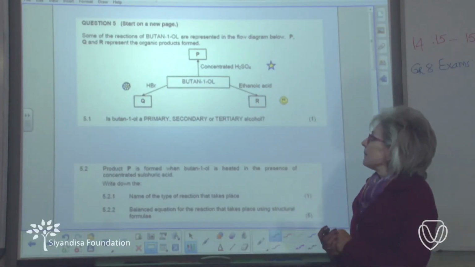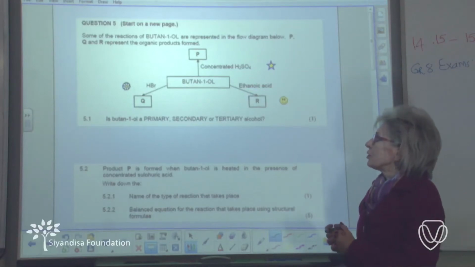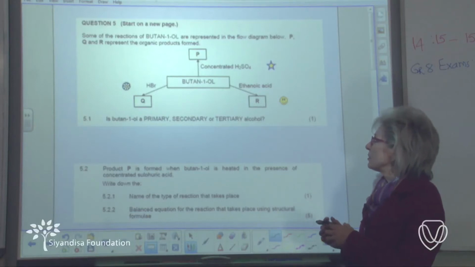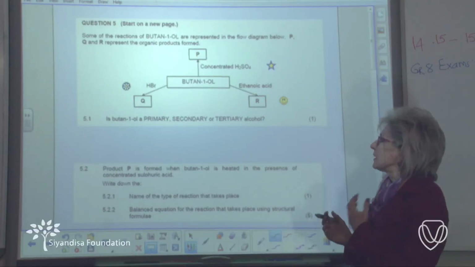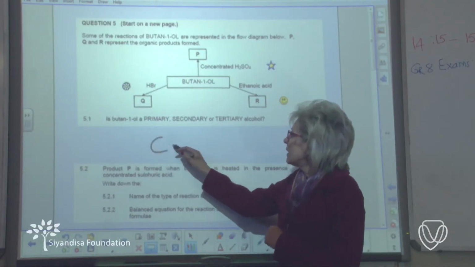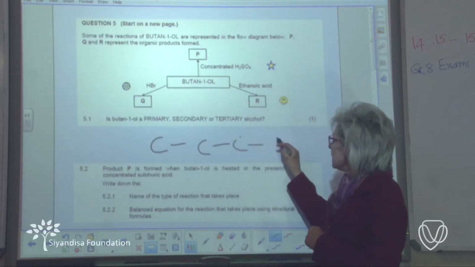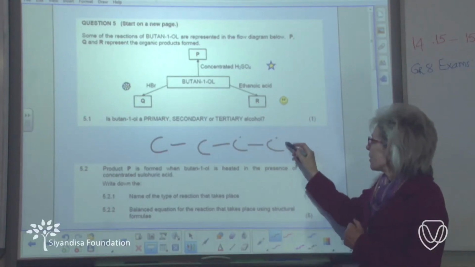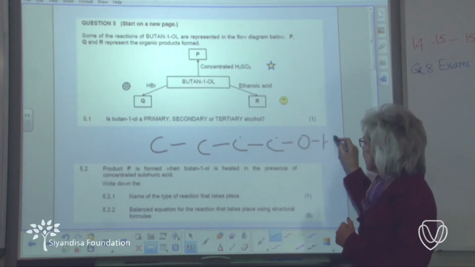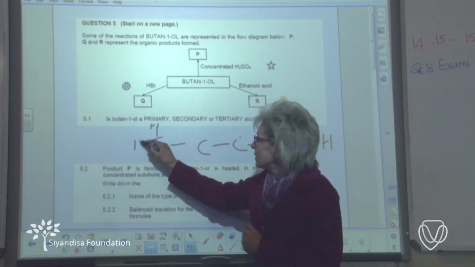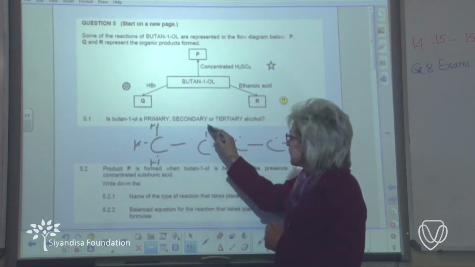So my first advice to you will be, when you get any question like that, before you even start to try and answer the questions, is to simply do the structural formula. So for butane 1-ol, I know for butane there are 4 carbons, and then 1-ol means the hydroxyl group is on carbon 1, either being this one or that one. So the rest of the bonds completed by hydrogen.